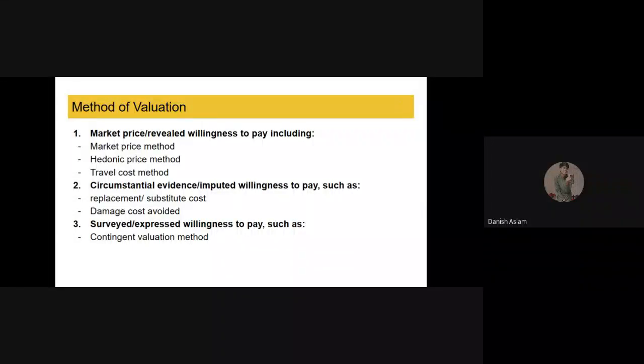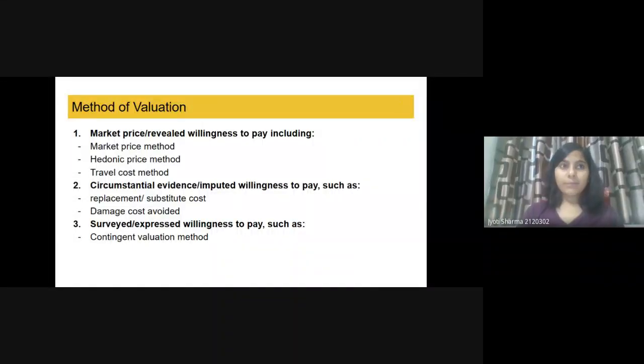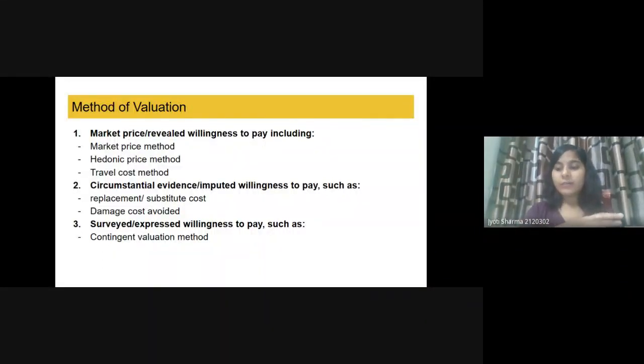No, ma'am. Okay, for example, there is a 10-story building. On one side there is a forest area, or let's say the ocean. On the other side, let's say, there is a dump yard where so much garbage is.